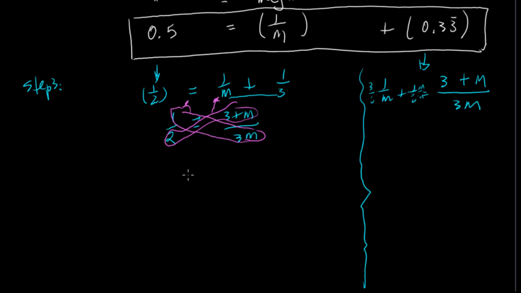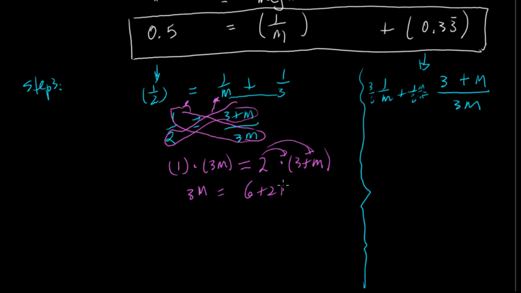Basically, the butterfly says 1 times 3m, the wings, is equal to diagonal times diagonal. Here we have 3m is equal to, distributing, 6 plus 2m. Subtract 2m on both sides, and you have m equal to 6.